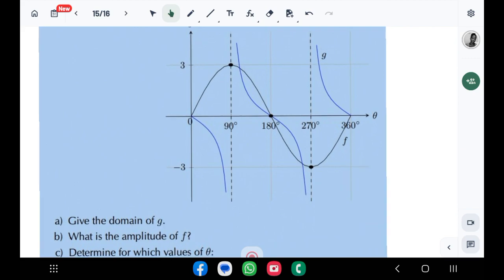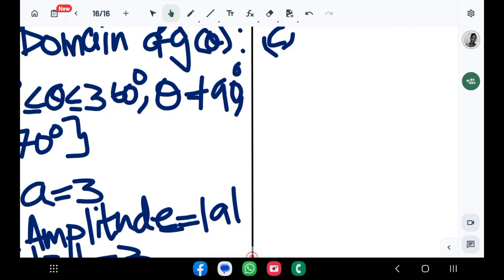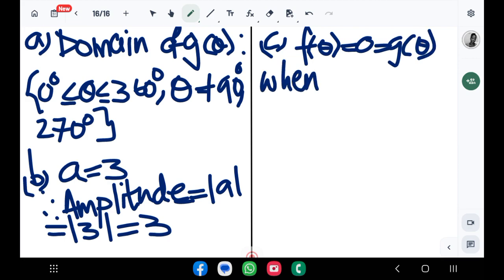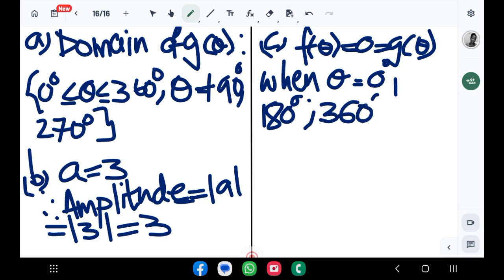So f of theta equals 0 equals g of theta when theta equals 0 degrees, 180 degrees, and 360 degrees.